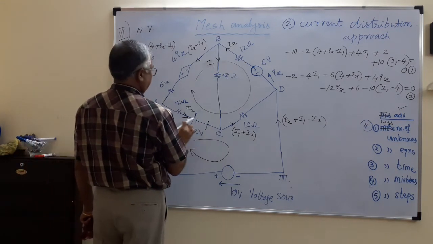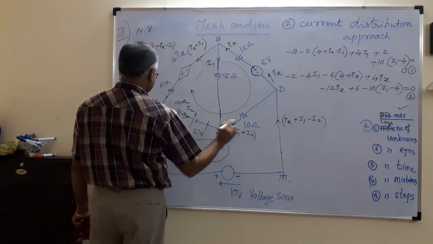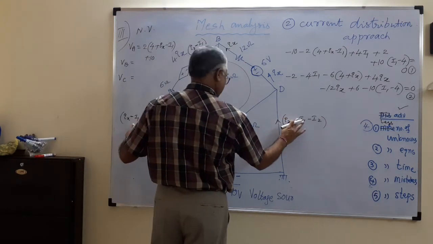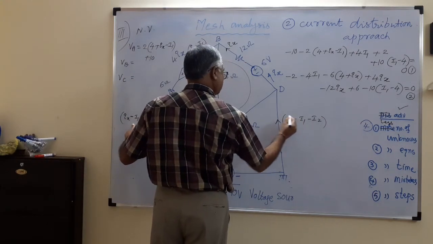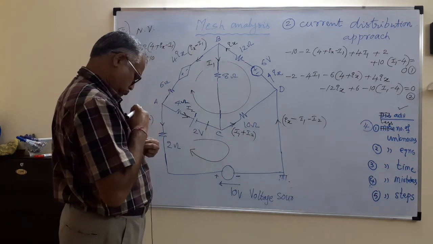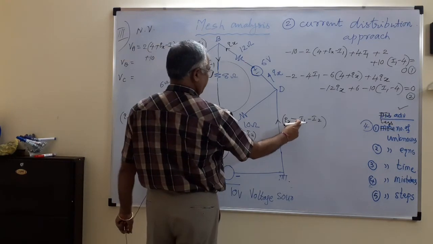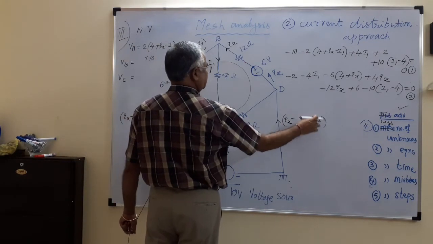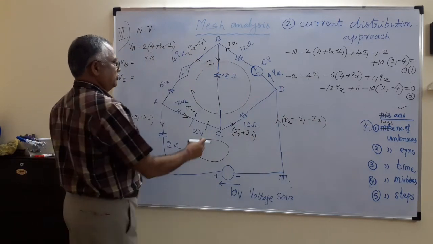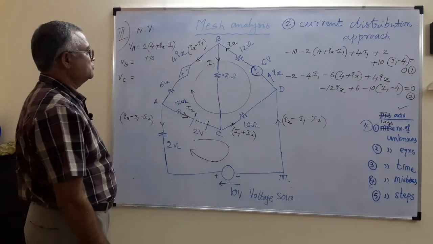This I2, this is plus, and here minus. Plus I1 minus I1 cancel, plus I2 minus I2 cancel. Again you are getting Ix. If you are not getting Ix, somewhere something is wrong, that you cross check.